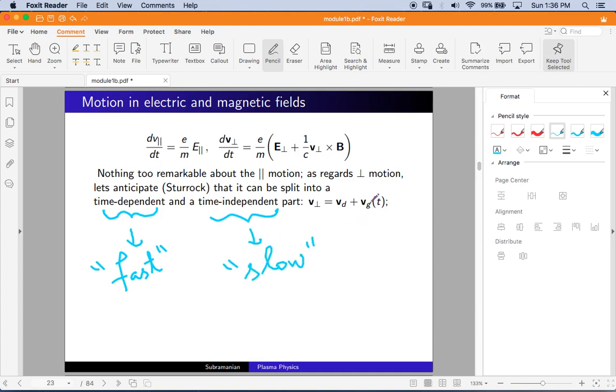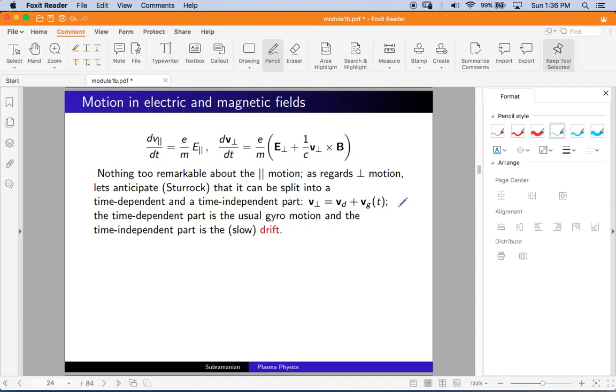Nothing is truly time independent, right? It's just that the time scales that you're talking about here are much slower than the time scales that you're talking about here. So let us anticipate this and let's split up the V perpendicular like this. Now, the time dependent part is the usual gyro motion that we discussed.